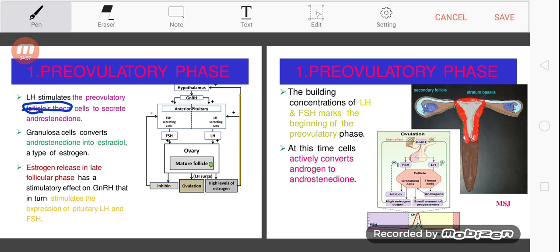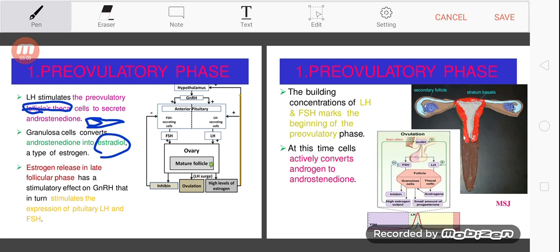So LH stimulates the follicle theca cells to secrete androgen, and this androgen passes to the granulosa cells, GC. The granulosa cells will convert that androgen to estradiol, and then secrete it as estrogen.